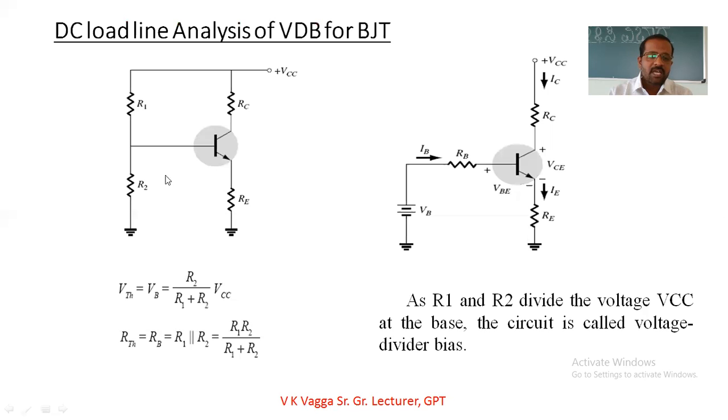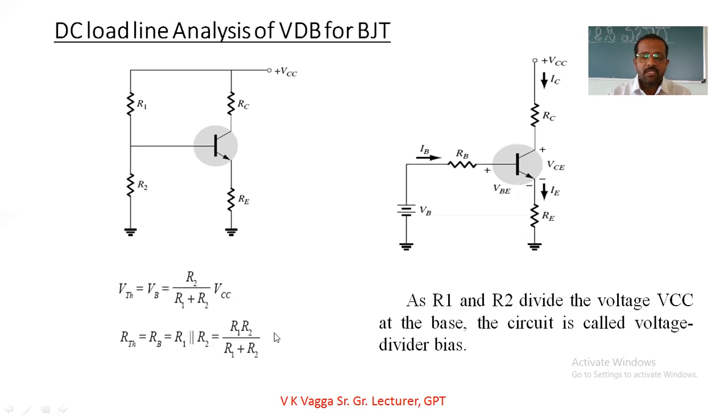If you take R1 and R2, they are assumed to be in parallel. If R1 and R2 are in parallel, the resistance is given by R1 into R2 divided by R1 plus R2.